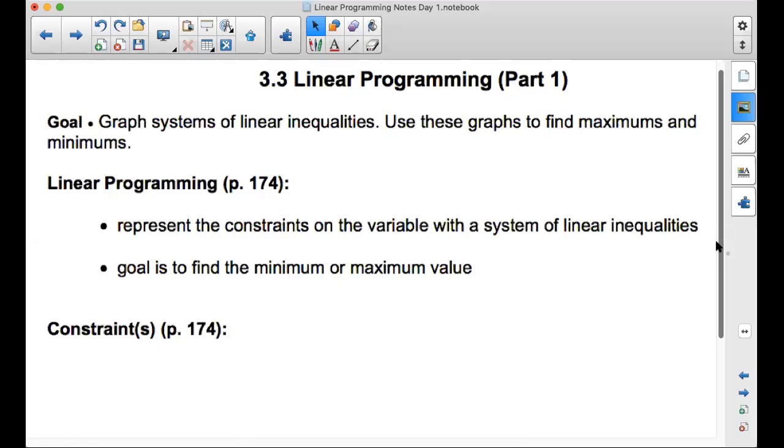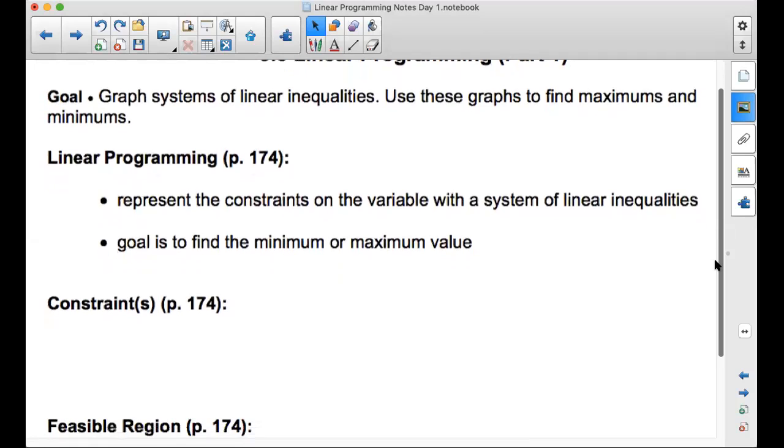How can we apply the information? So today is more like practicing graphing more inequalities. Monday would be more of the application part, where we start pulling in the word problems, the real life situations as to why you would use an inequality or a system of inequalities.